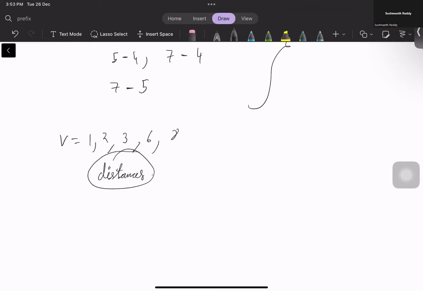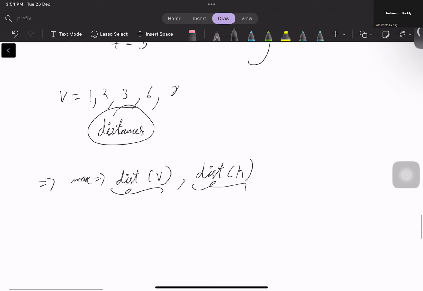Then we can just find out the maximum distance that can be made using vertical barriers and horizontal barriers, which is the same. That will be the side length of the square. So the maximum distance present in both vertical distances and horizontal distances will be the side of the square, and in case no such side exists, then it's -1.